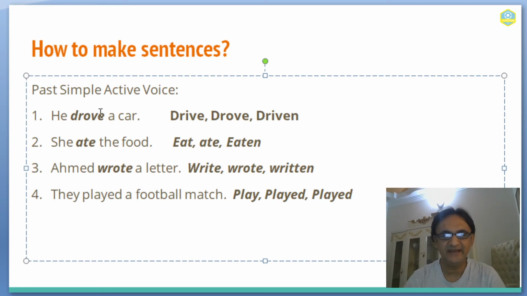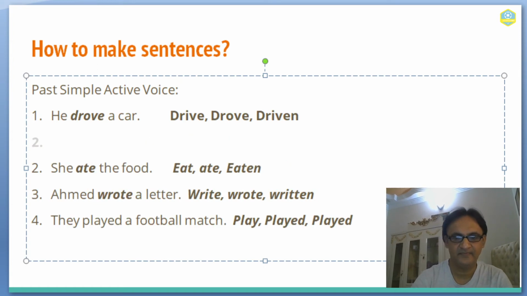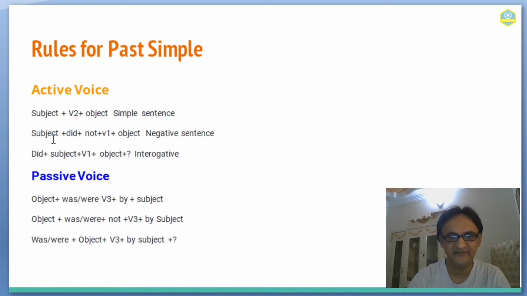Now I'm going to make he drove a car into a negative. He drove a car. How to make the negative? You can see here subject, did not, and the form of the verb will be changed from second to first.